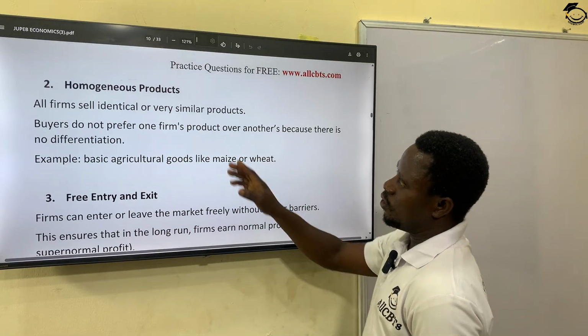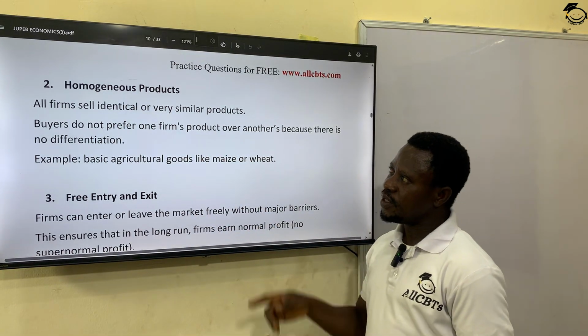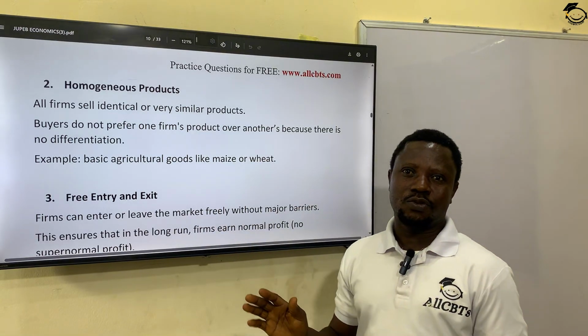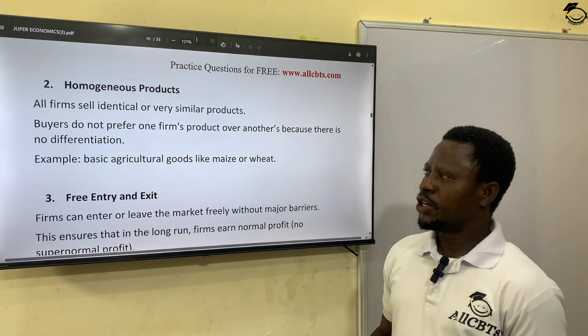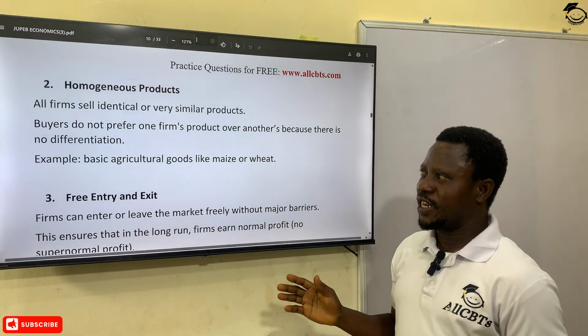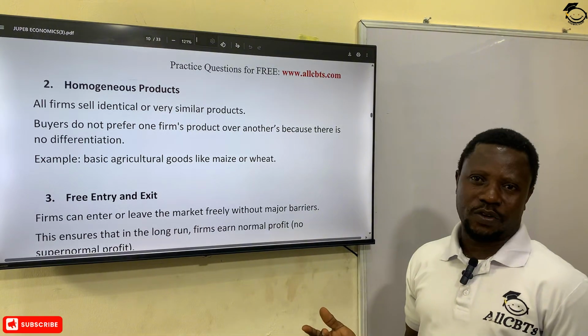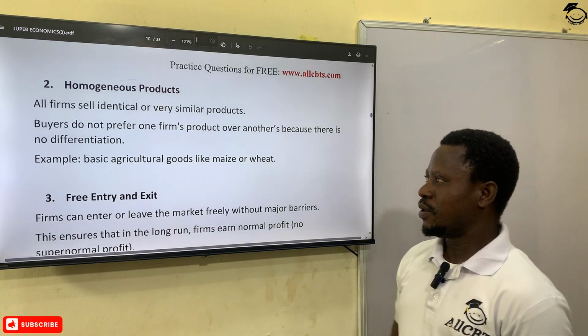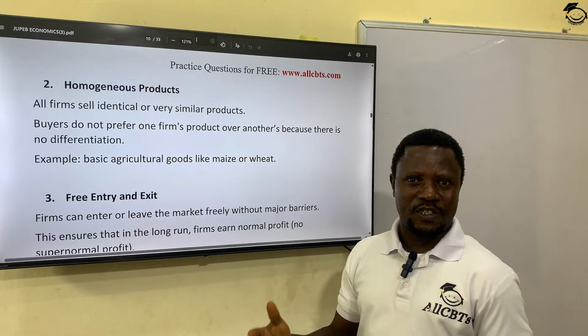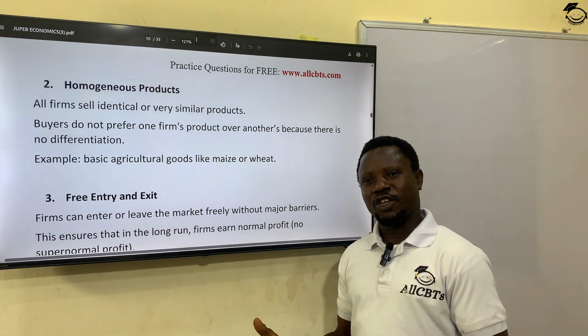The next one is homogeneous product. In this perfect market, all firms sell identical or very similar products. So buyers do not prefer one firm's product to another because they are similar, they're almost the same. There's no difference between those products, okay? For instance, basic agricultural goods like maize. Maize is maize anywhere. It could be yellow, it could be white.